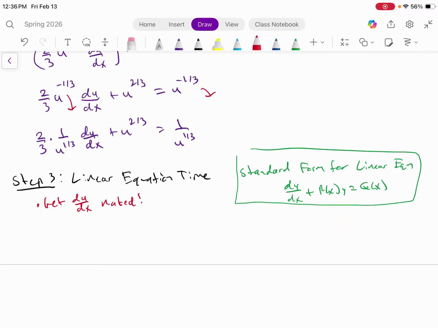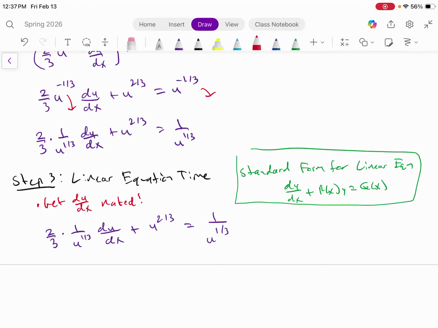So let's look at what we have right here. We have 2/3 times 1 over u to the 1/3 times du over dx plus u to the 2/3 equals 1 over u to the 1/3.